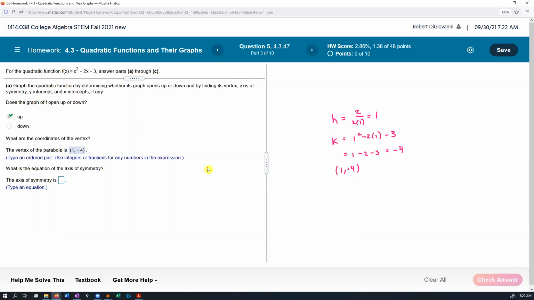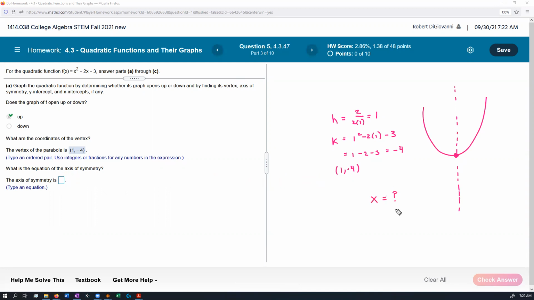Okay, axis of symmetry. We didn't talk about the equation of the axis of symmetry. The equation is very simple. Remember, the axis of symmetry is a dotted vertical line that goes through the vertex. Vertical lines have an equation of x equals some number.